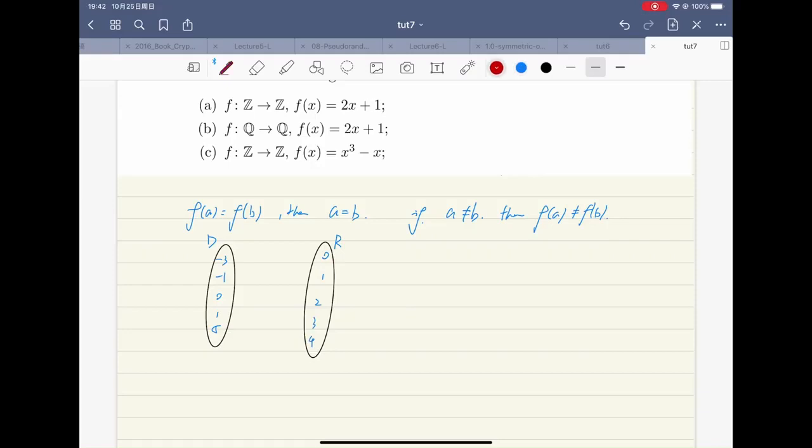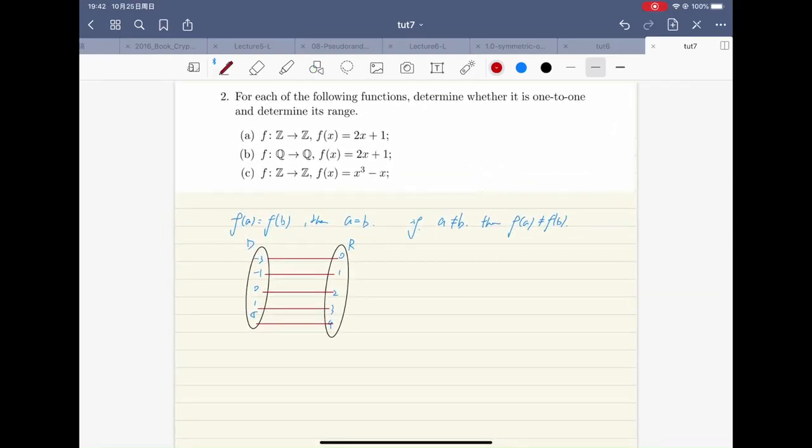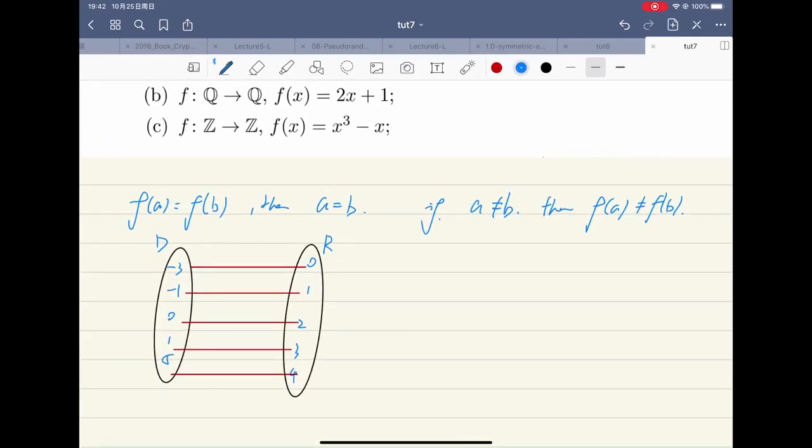One-to-one means each value in the domain has its own associated value in the range. We can have some values in the range that are not mapped from the domain, but any value in the domain should have an associated value in the range.